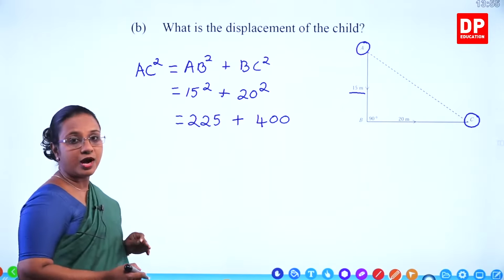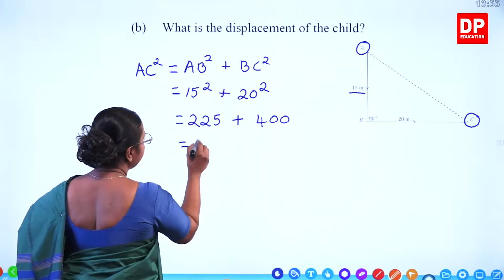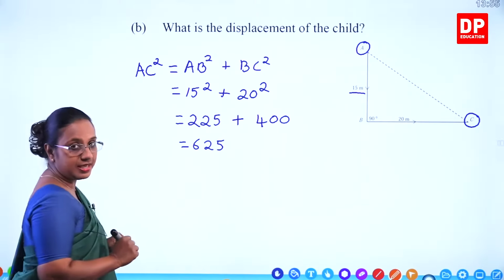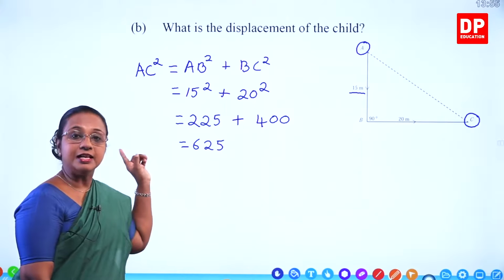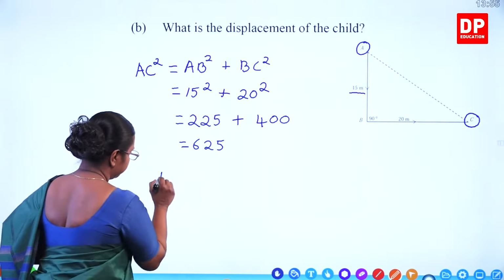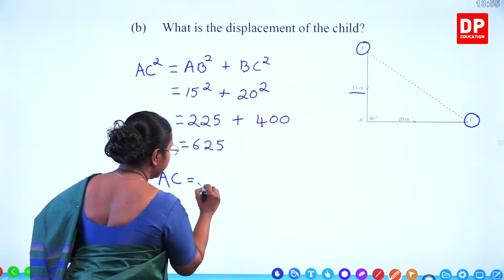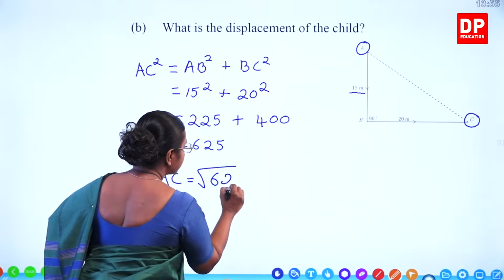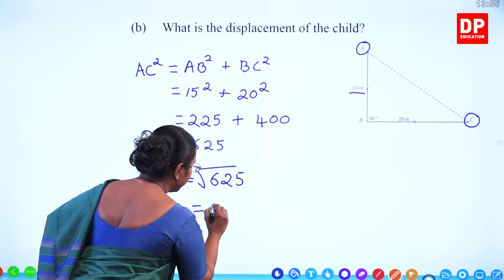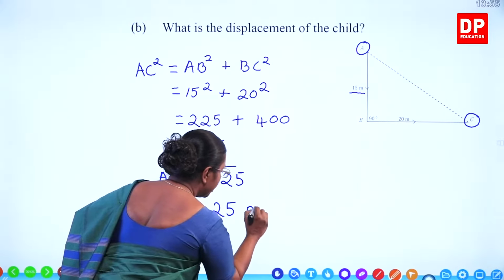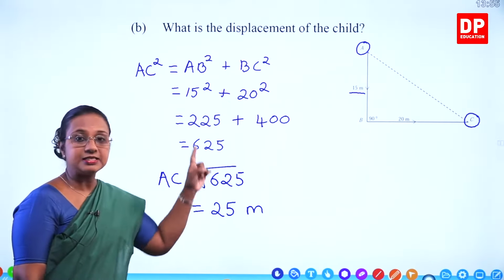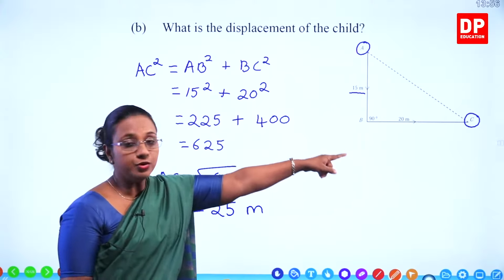Then when you add up 225 plus 400, it will be equal to 625. That is AC squared. In order to find the length of AC, we need to get the square root. AC will be equal to square root of 625. If we get the value, it will be equal to 25 meters. So 25 meters is the length of A to C.